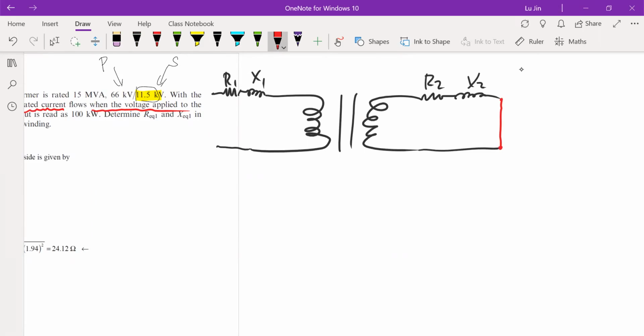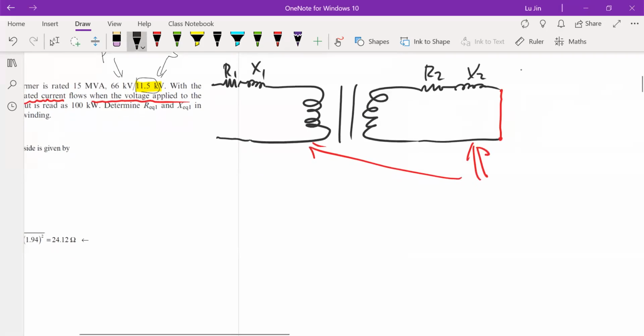Same as what I did in question number 1, we are going to reflect the secondary side to the primary side. All the components on the primary side remain unchanged, so R1, X1 are not moving. But R2, X2 will be shifted to the primary side by multiplying them by A squared.